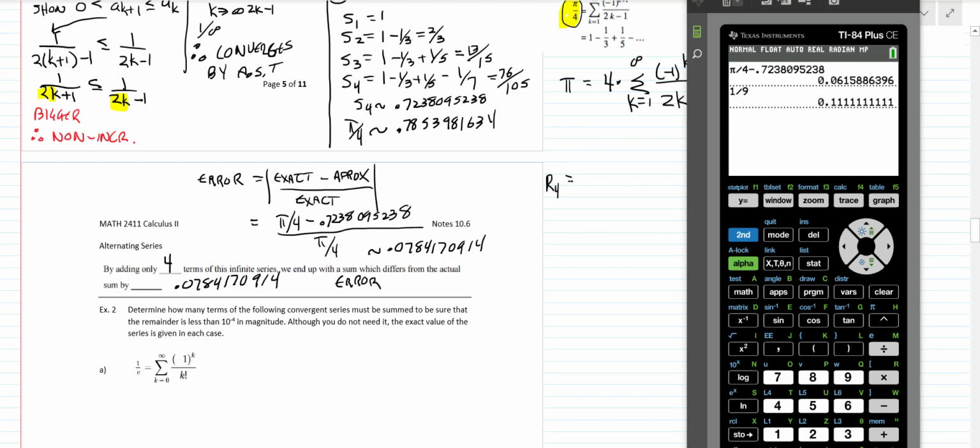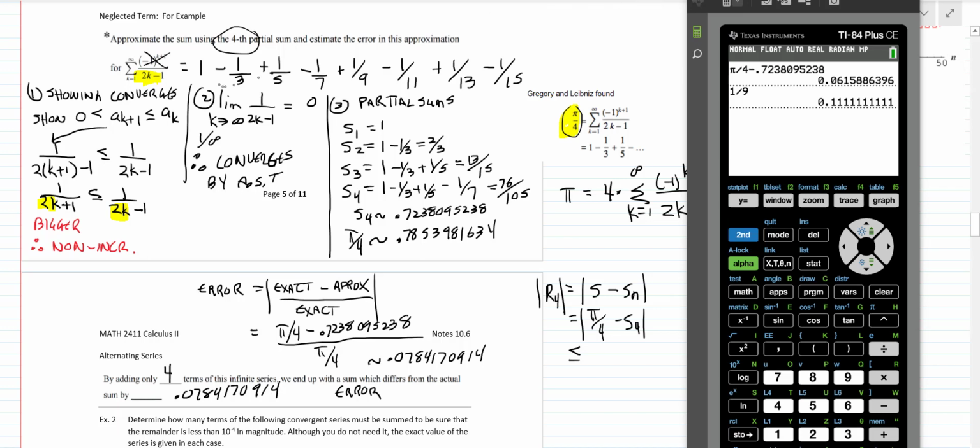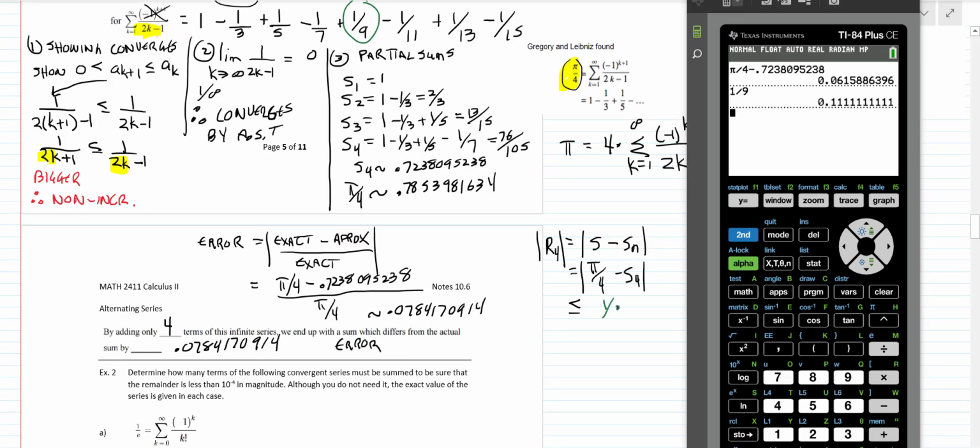According to the property we learned, R of 4, since we're doing 4 terms, the remainder of 4 terms would be the same thing as S minus S of n. So the actual sum is pi over 4, minus the partial sum S of 4, but that's going to be less than or equal to the next neglected term. If you go 1, 2, 3, 4, 5, that's your neglected term, so that's less than or equal to 1/9.